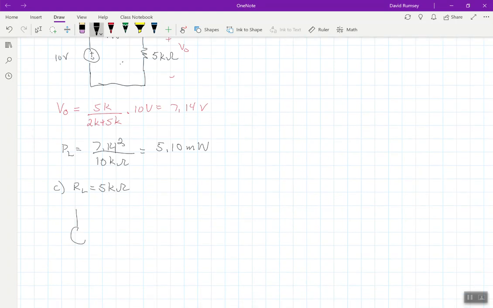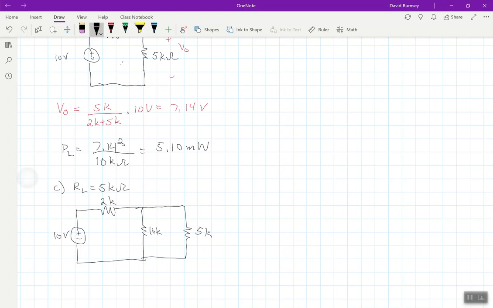And so I'll redraw the circuit again. So I got 10 kiloohm, 5 kiloohm, 2 kiloohm, 10 volts.